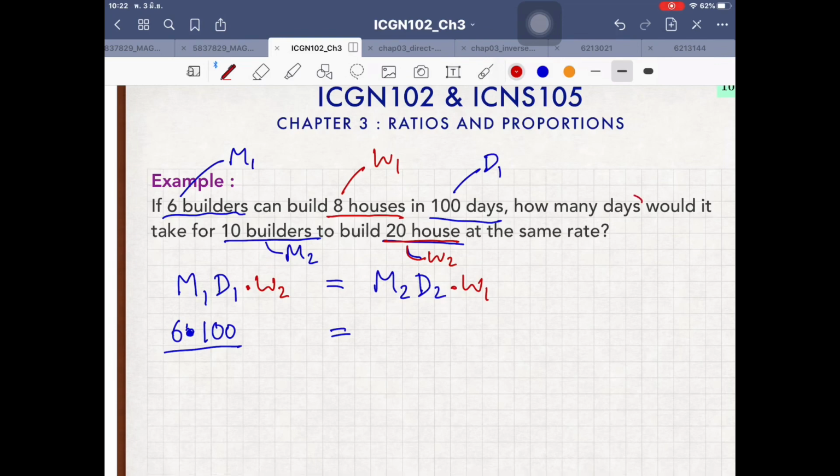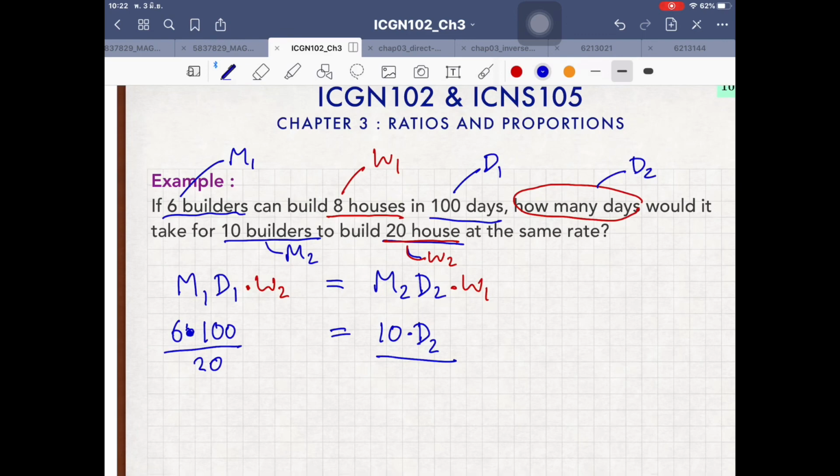All right, the question is we want to know the number of days for the second situation, the term of D2. So now let's make it to be M2, which is 10 multiplied with D2. All right, on the left side, you divide it by W2, which is 20 houses from the second situation.